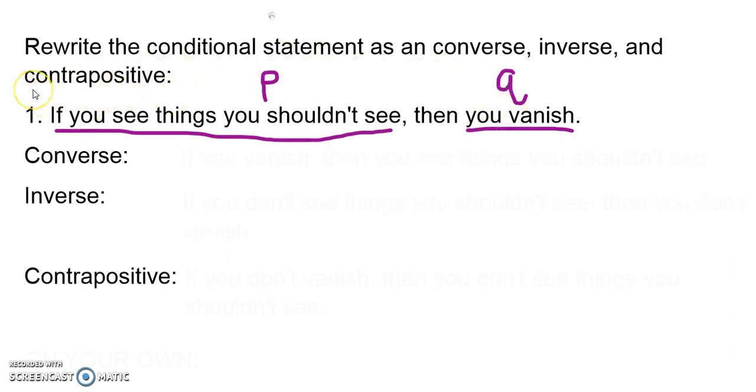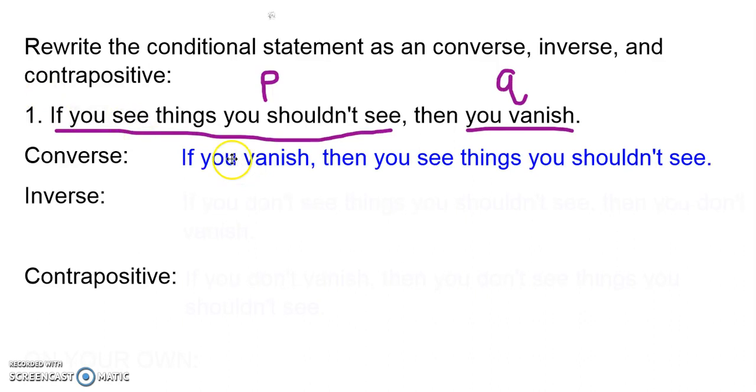It'll still say if. I don't start with saying then. It'll say if, and I'll switch the conclusion to the beginning, and then it'll say then, and I'll put the hypothesis at the end. So that would be, if you vanish, then you see things you shouldn't see.